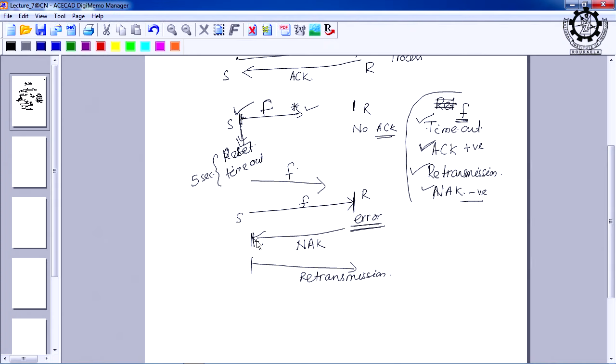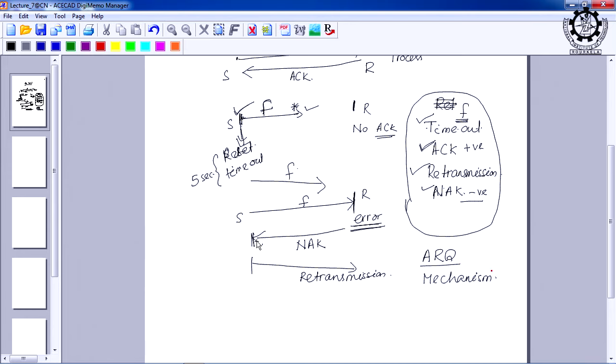There must be a provision of sending the acknowledgement within a time period, that is called timeout timer, and there must be a provision of retransmitting the packet if it is in the error form or if it is not received by the receiver. So, combining all these mechanisms to handle the different kinds of errors in the frame or in the data, the mechanism as a whole is called automatic repeat request, ARQ mechanism.